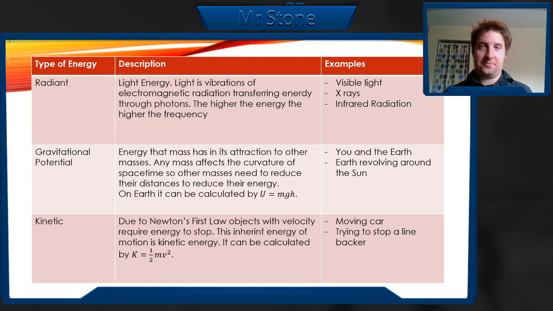Times the height. So on Earth, we can say that the potential energy is an object's mass times gravity times height. Now, this is the height from Earth. So this is an object's mass measured in kilograms. This is 9.81 newtons per kilogram, and this is height above the Earth's surface in meters.